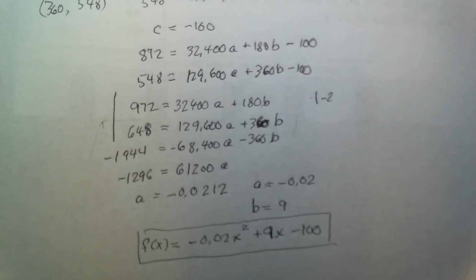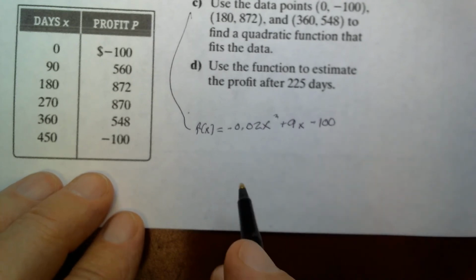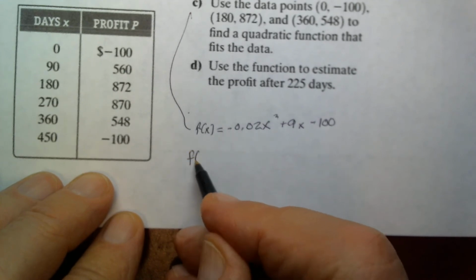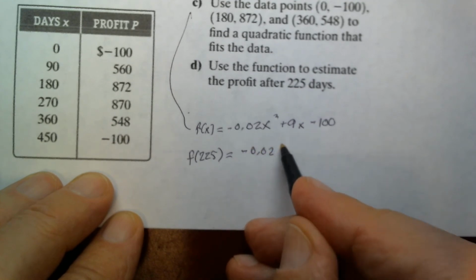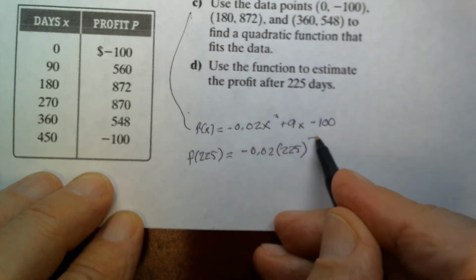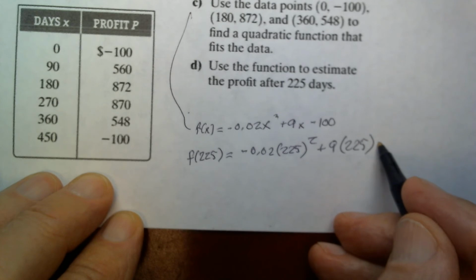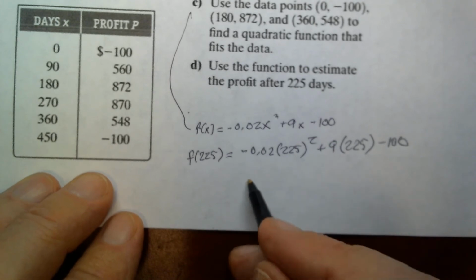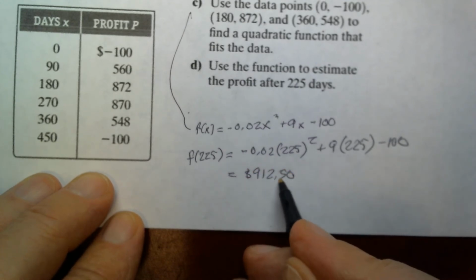The last part asked us to evaluate the function when x equals 225. So f of 225 equals -0.02 times 225 squared plus 9 times 225 minus 100, and that is equal to $912.50.